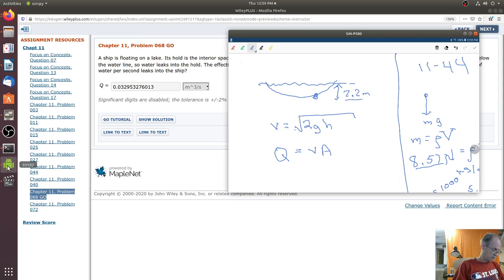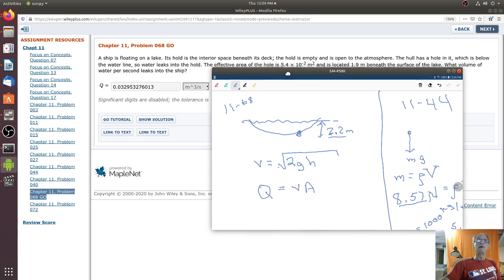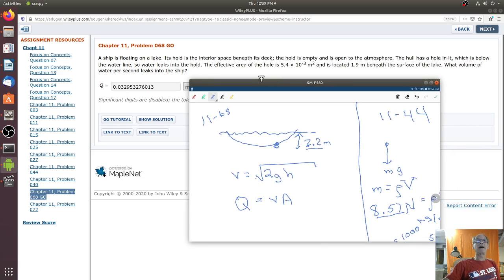So this is just like the example of a hole in a tank that's a certain distance below the surface. And we found V is equal to the square root of 2gh in the notes. So you would find the velocity with that.